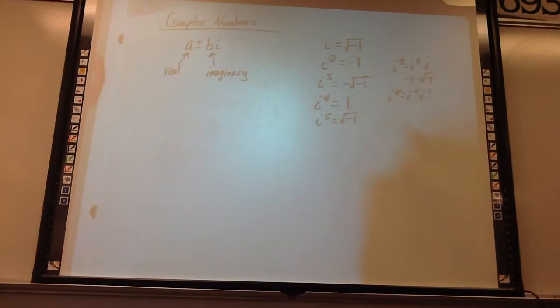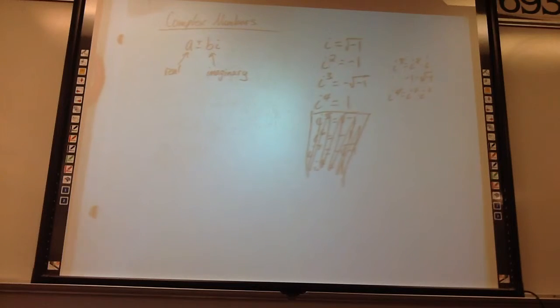It's just i to the fourth times i, right? i to the sixth would be i to the fourth times i squared, so it would be -1. What's going to happen here? It's just going to keep repeating. i to the seventh is i to the fourth times i to the third, so it's negative square root of -1. i to the eighth is i to the fourth times i to the fourth, which is 1. And it just keeps repeating. So really, it's just those four that repeat over and over.